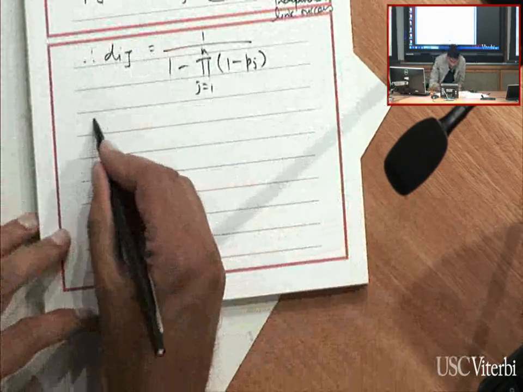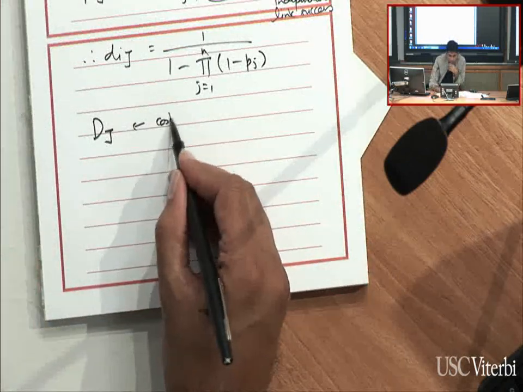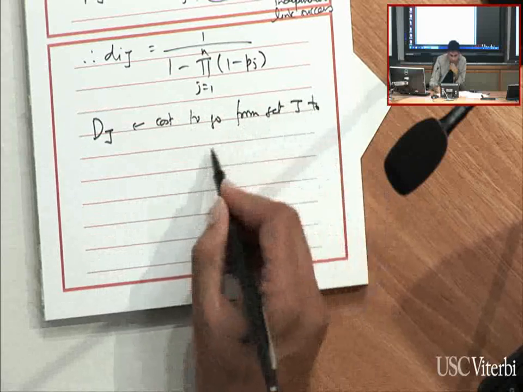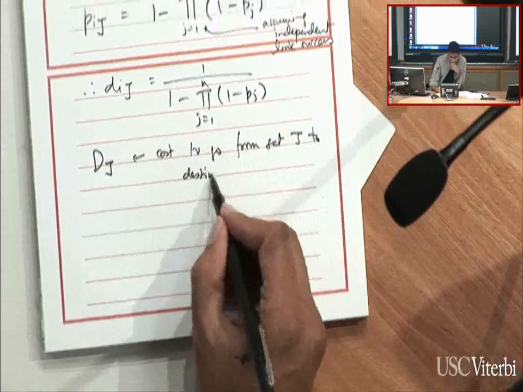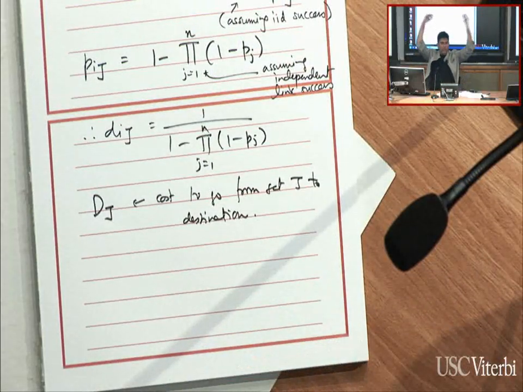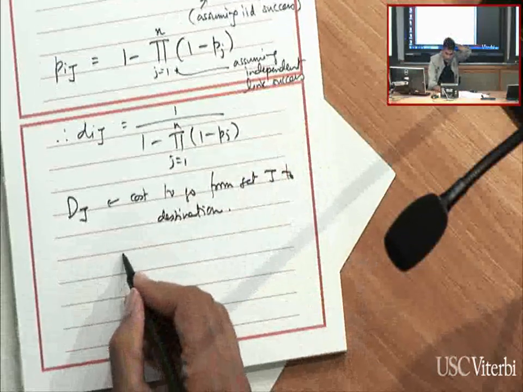So Dj is the cost to go from set J to destination. So let's think about this for a second. So what really affects it? If I focus on each of these nodes over here, they may each have a different cost going forward.